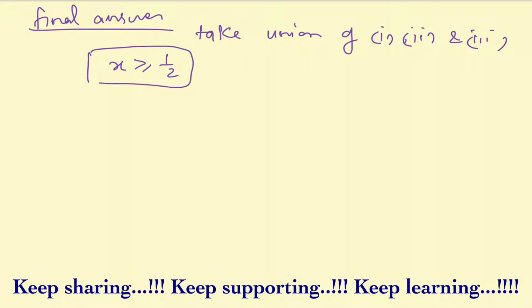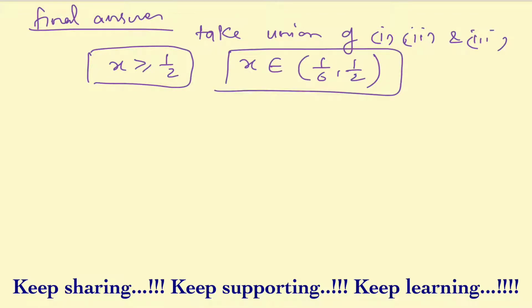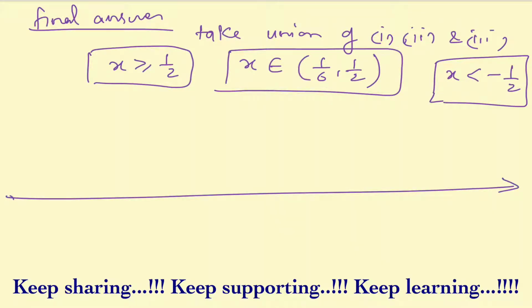Second answer is x belongs to 1 by 6 to 1 by 2. Third answer is x less than minus 1 by 2. We are going to take the union in this case. So how can we take the union? First of all we represent minus 1 by 2, then 1 by 6, then 1 by 2.